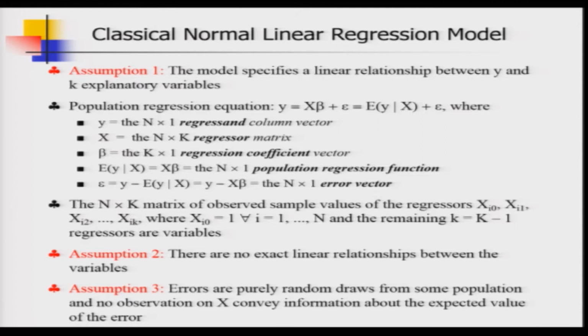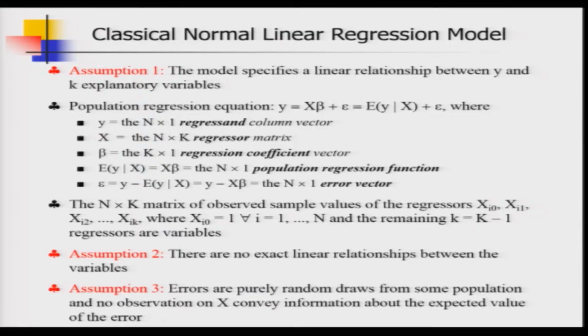But before I introduce the assumption of normality in this theoretical setup, let me again remind you that we start with a population regression function, and then we get the stochastic version of it, and then we have to estimate the unknown values of population parameters. That is basically the crux of the classical linear regression model.